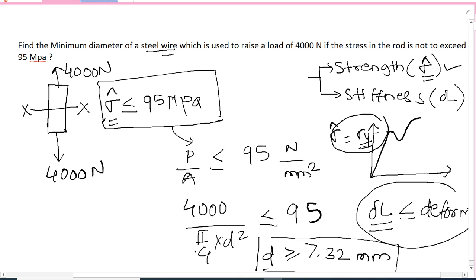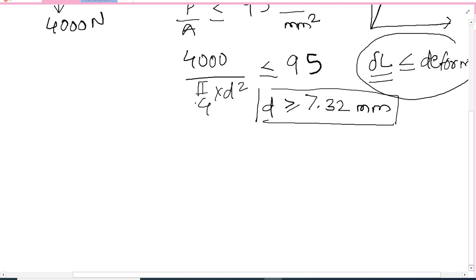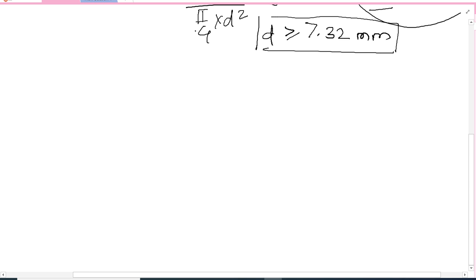That means if the diameter is greater than 7.32 mm, our element is safe. Correct? Now we move on to the next problem.